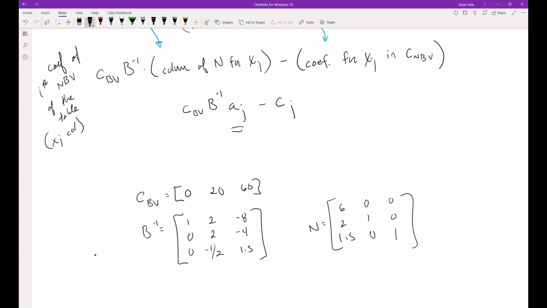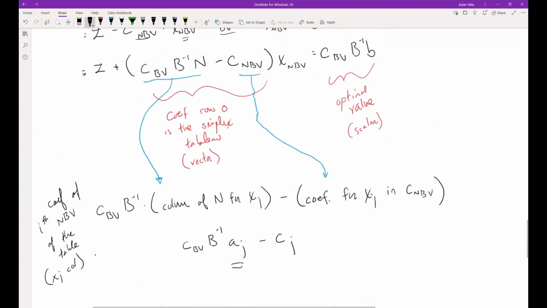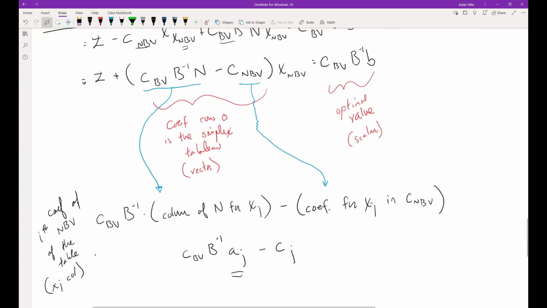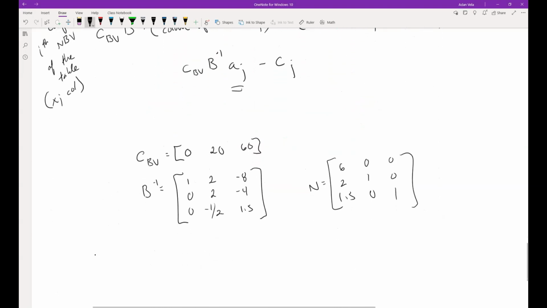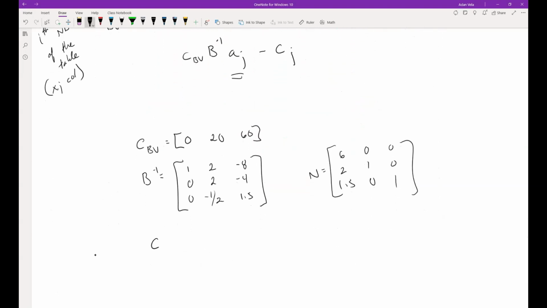So if we want to calculate the 0th row, the cost row, all we need to do is apply this equation here. We take CBV times B inverse times N, and then we subtract CNBV.